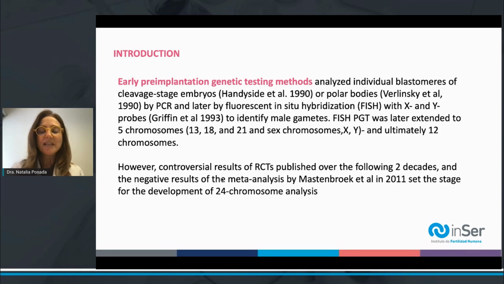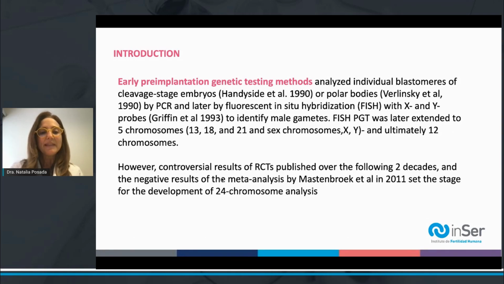FISH PGT was later expanded to include other autosomes such as chromosomes 13, 18, and 21, in addition to the X and Y chromosomes. And ultimately, they were able to analyze up to 12 chromosomes.